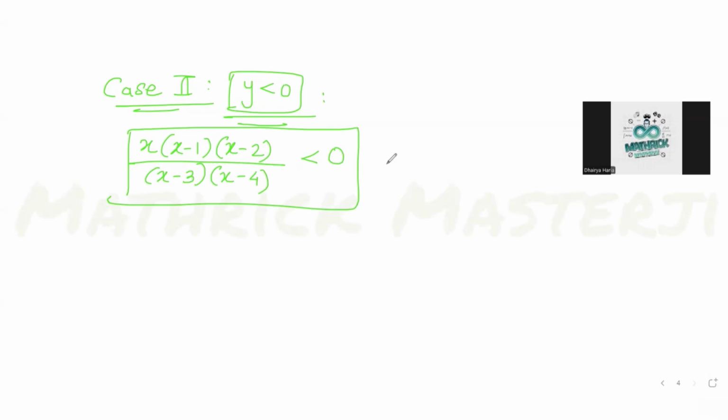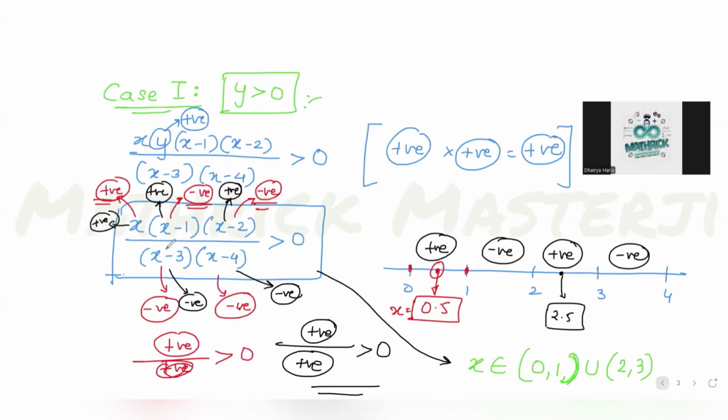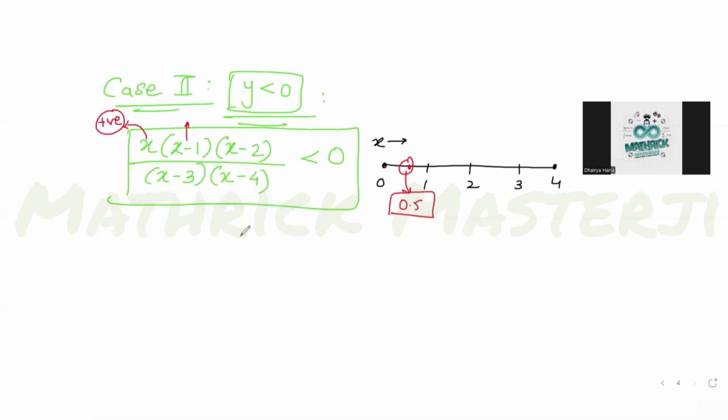Now again, I'll plot those points for x first. So x goes from 0, 1, 2, 3, and 4. If I put any value for x from between 0 and 1, let's again put 0.5 and verify. So 0.5 I put, this is still positive. We already figured out that when we put x as 0.5, the whole expression was turning positive here. We have seen that because it's the same case, right? So this whole thing becomes positive.